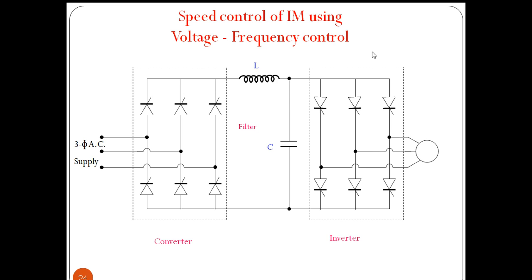By varying the firing angle of inverter bridge thyristors, a variable three-phase AC output voltage is obtained, which is fed to the three-phase induction motor for its speed control.